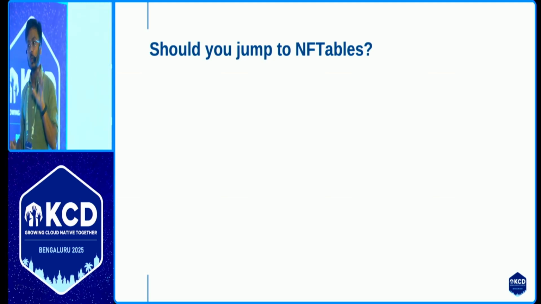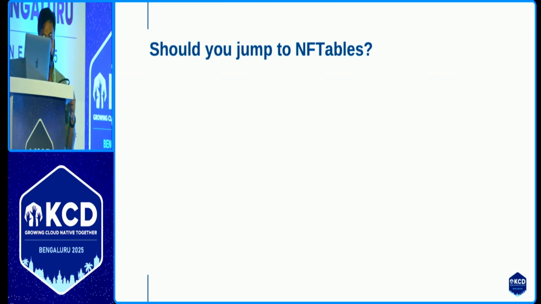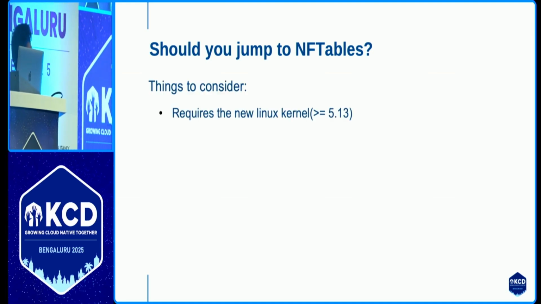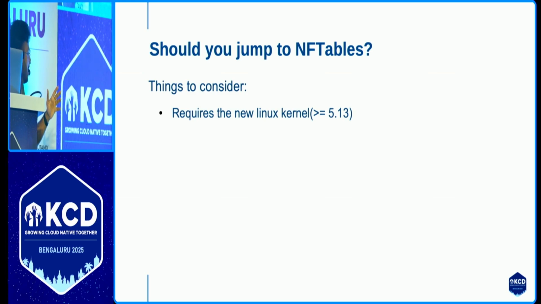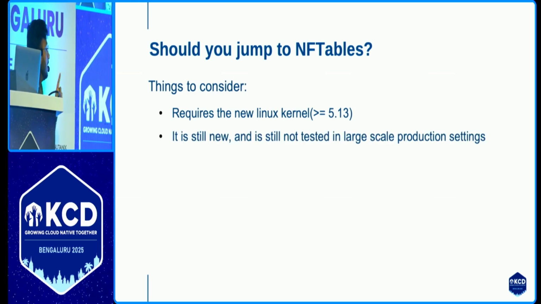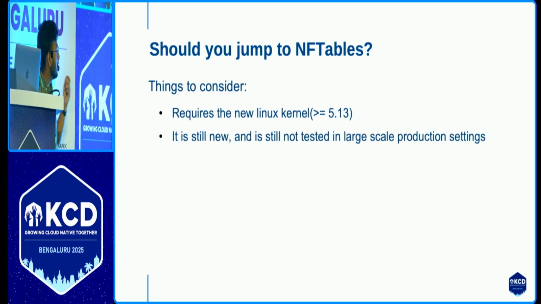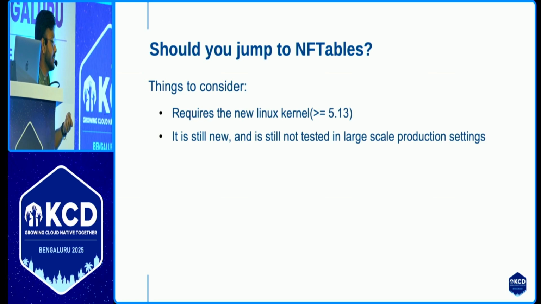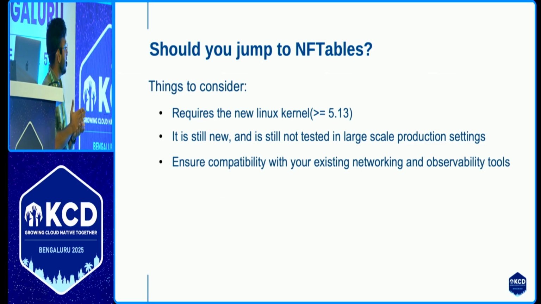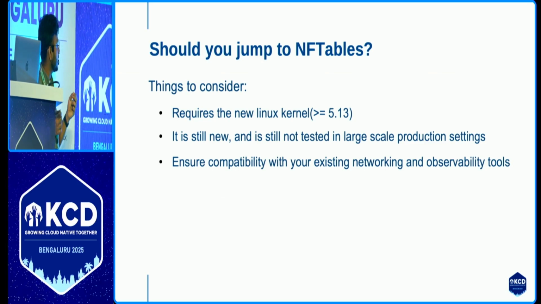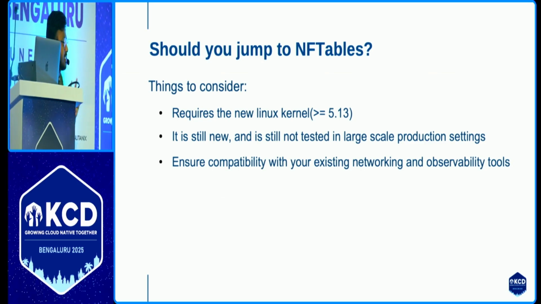Now before you do that, you should stop, and there are a couple of things you should consider. One, it requires a new Linux kernel, and I know how hard OS patches are. It is still new, and it is not as battle tested in large-scale production settings as iptables mode has been. You also need to ensure compatibility with your existing networking and observability tool stacks, but the ecosystem is catching up fast.